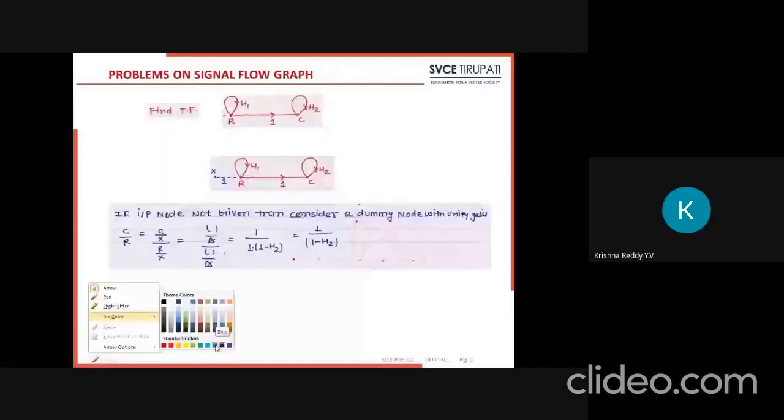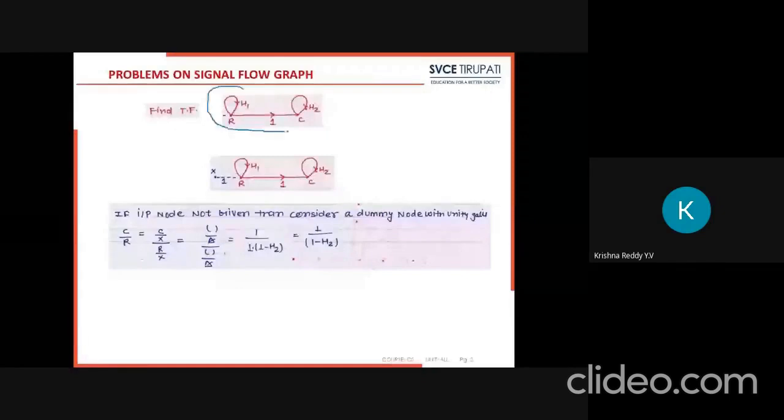Next, we are seeing this problem. It is something different. Given this problem, by the input definition, an input node means it has only outgoing branches.